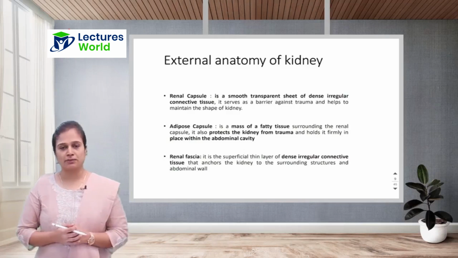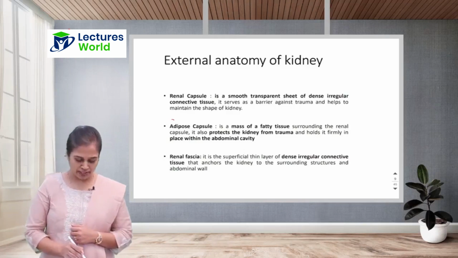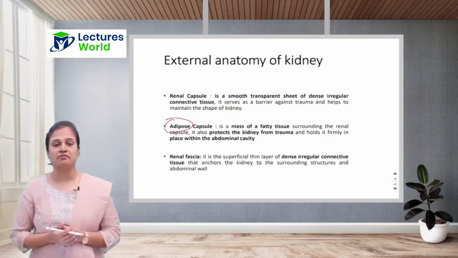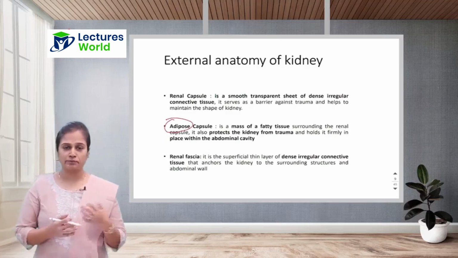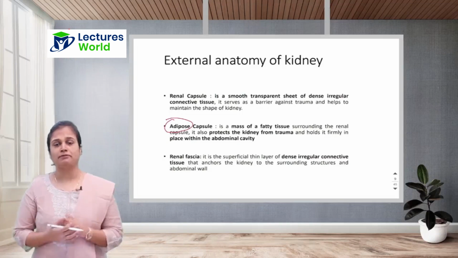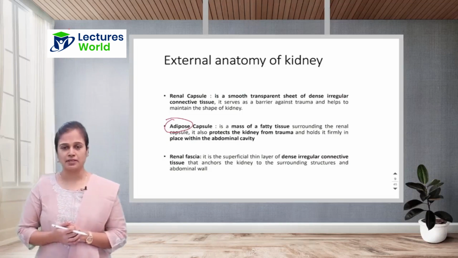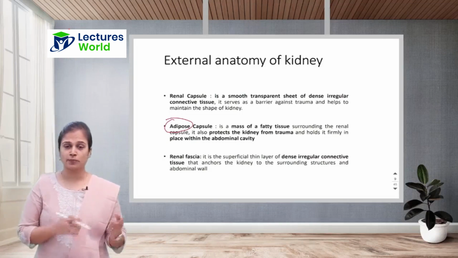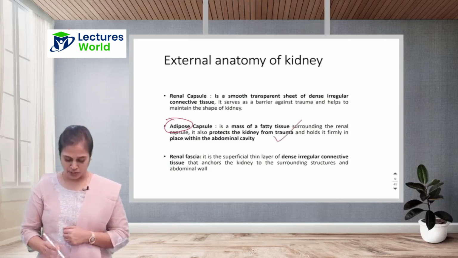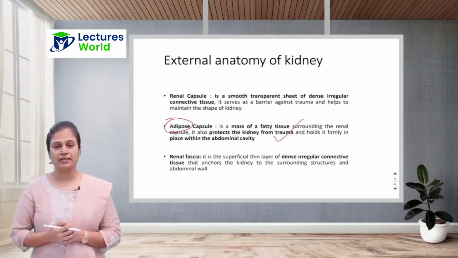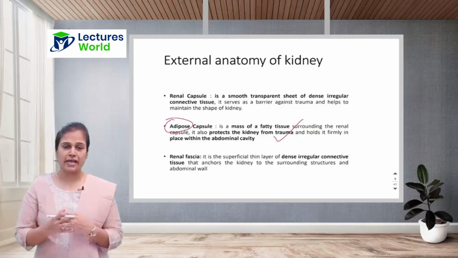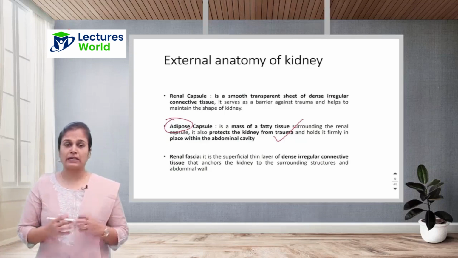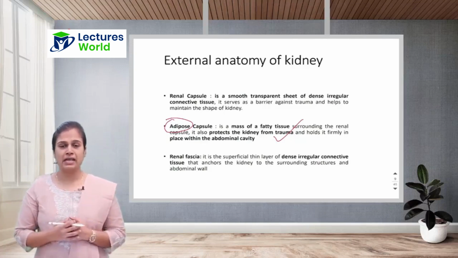Talking about the adipose capsule, the meaning of adipose is always related to fat. So you can get an idea that the adipose capsule is a mass of fatty tissue surrounding the renal capsule. Again, it also protects the kidney from trauma and holds it firmly in place within the abdominal cavity. So with the help of the adipose capsule, the place of the kidney is fixed in the abdominal cavity.